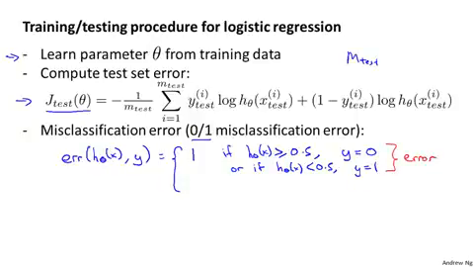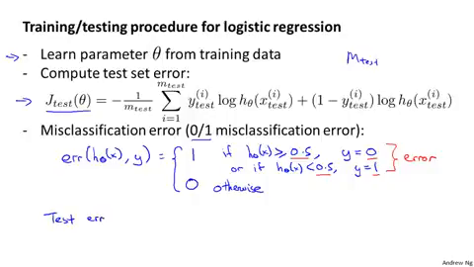So both of these cases basically correspond to if your hypothesis mislabeled the example, assuming you thresholded at 0.5. So either thought it was more likely to be 1, but it was actually 0, or your hypothesis thought it was more likely to be 0, but the label was actually 1. And otherwise, we define this error function to be 0 if your hypothesis basically classified the example y correctly.